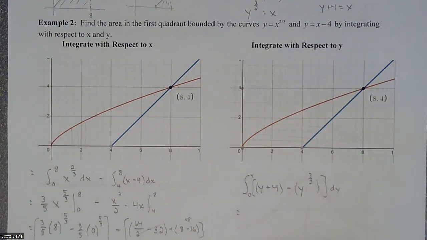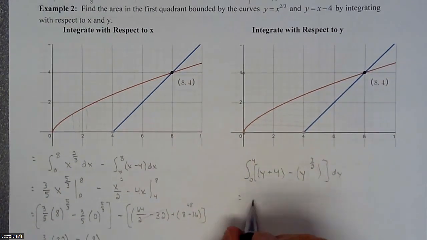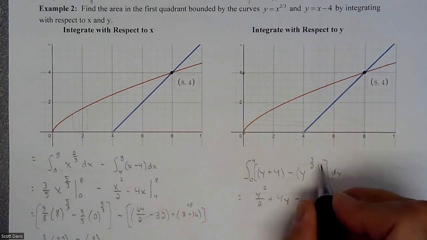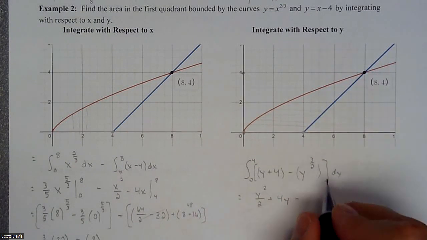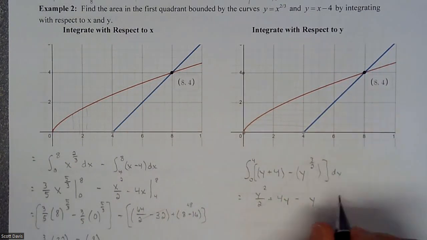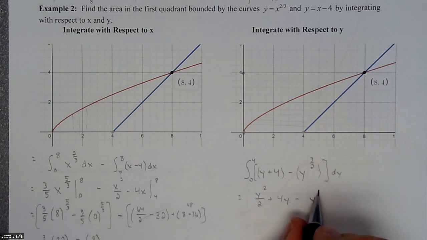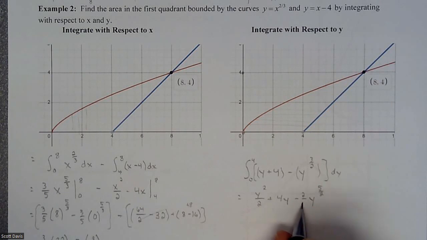All right, so 0 to 4. Let's see if this is any easier. If we do this, we're getting y squared over 2 plus 4y minus, if I add 1 to this exponent, I'm adding 2 over 2, so 5 over 2, multiplied by the reciprocal, from 0 to 4.